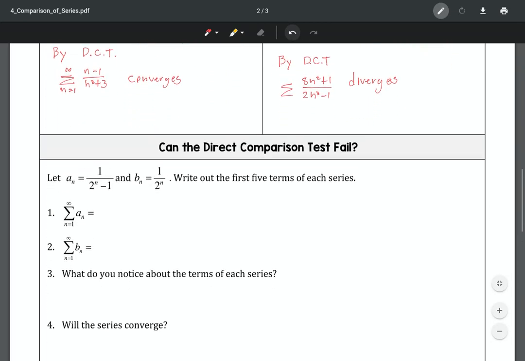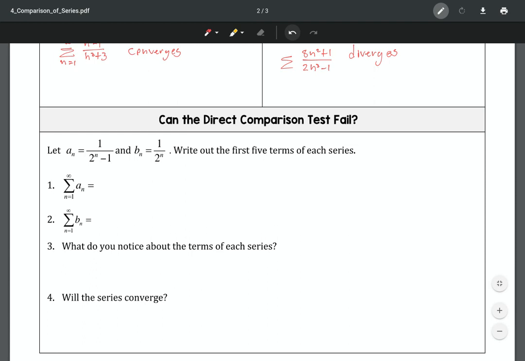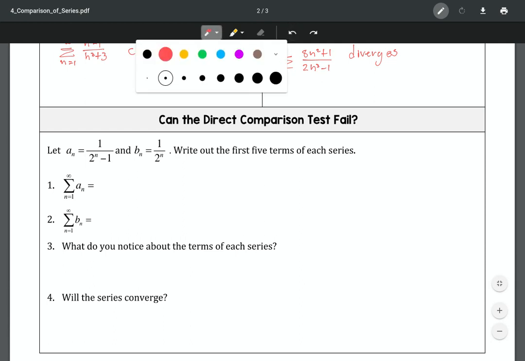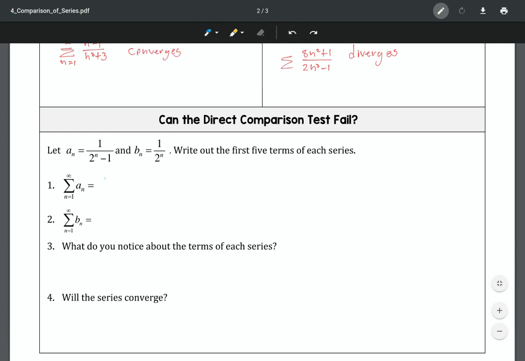Okay, now it says, can the direct comparison fail? I wouldn't say failed, but if you look at these, you can do the comparison here, and I'm going to write some numbers real quick. If I were to add this sum, and so on, of course.